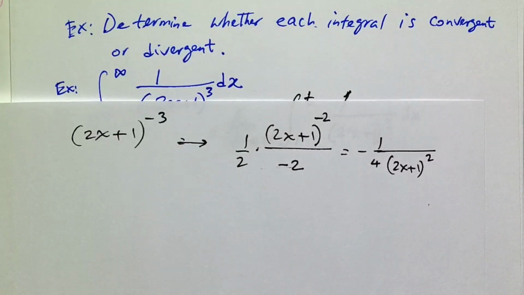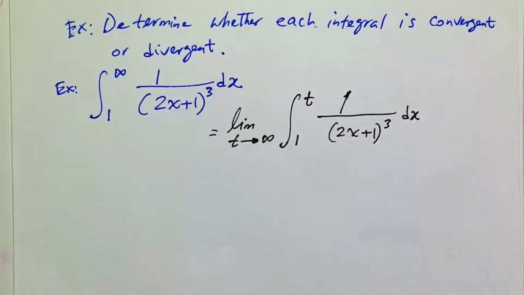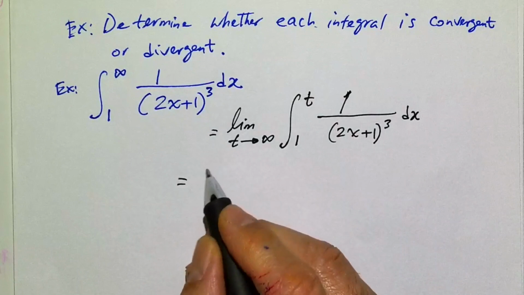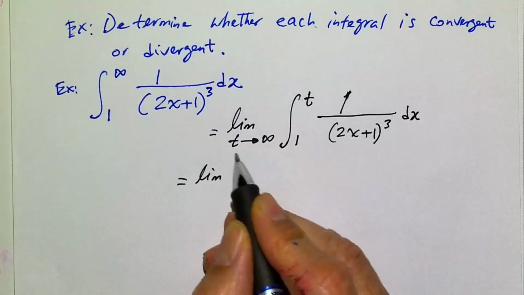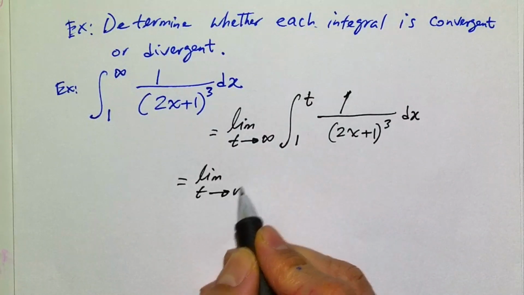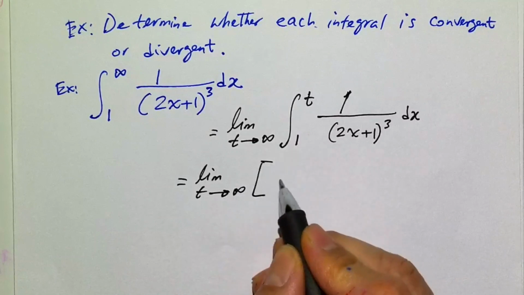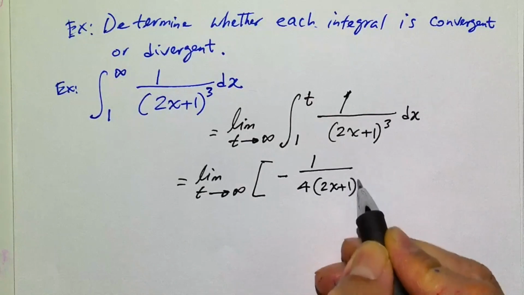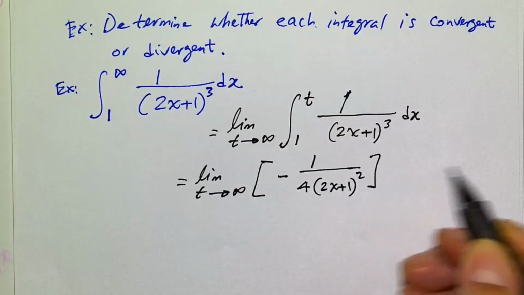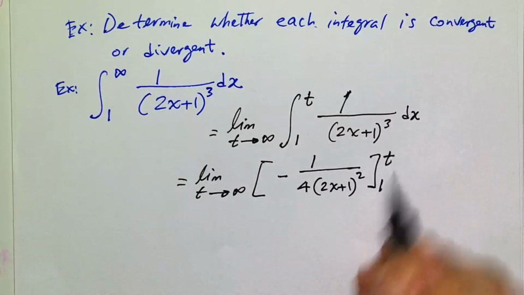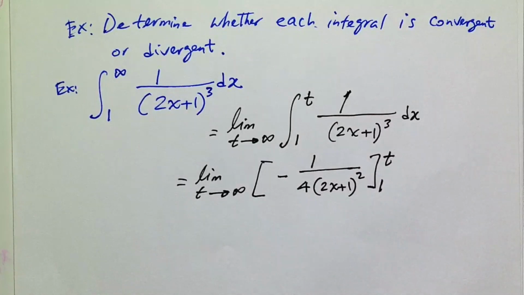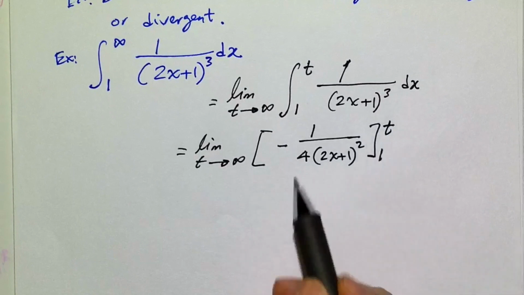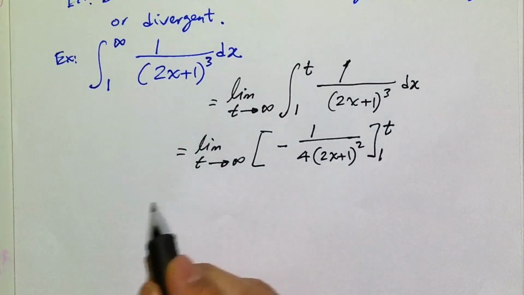Okay, so let me just transfer that to my paper here. So we have the limit as t goes to infinity of minus 1 over 4 times (2x plus 1) squared. Of course, this is going from 1 to t. Okay. All right. So let's just evaluate this quantity. What do we get?